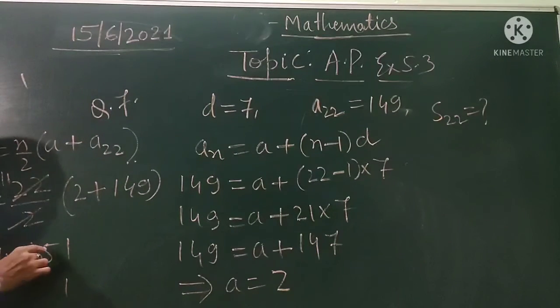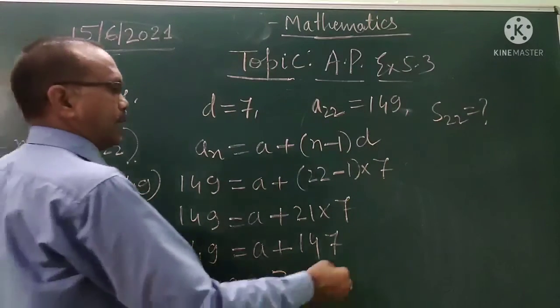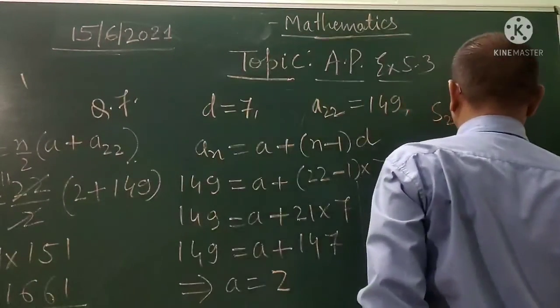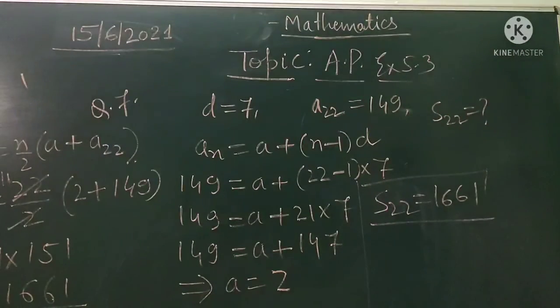Carry 1, 11 5s are 55, or 56. Carry 5, 11 ones are 11, and 5, 16. So the sum of 22 terms, S22, equal to 1661. It is 1661.